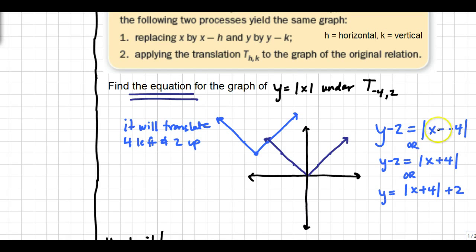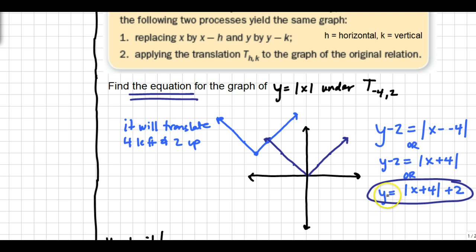Most of the time when we subtract a negative, we change that to plus. So if you see x plus 4, that just means we took away a negative. Also, a lot of times we like to have the y solved so that the y is alone. So then you would just bring that 2 over and make it a plus 2. Most of the time, and when you do this again next year in FST class, we're going to do it with the y being by itself.